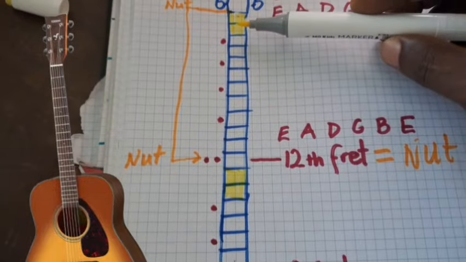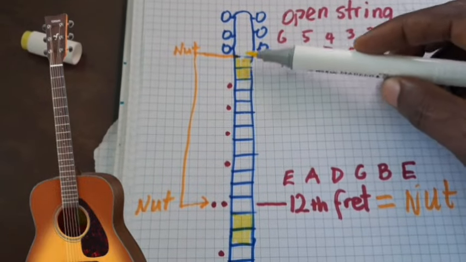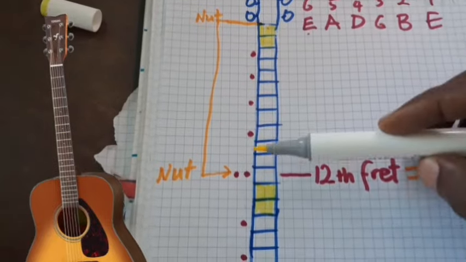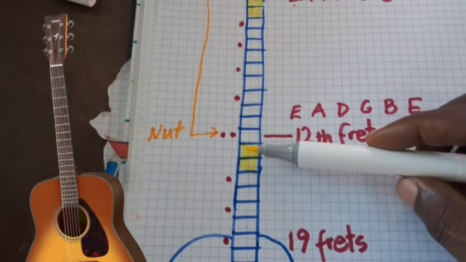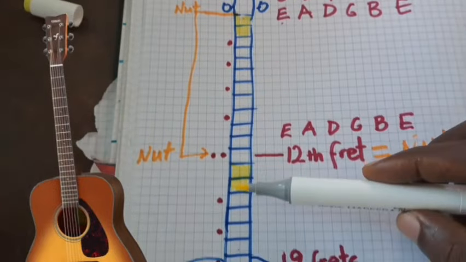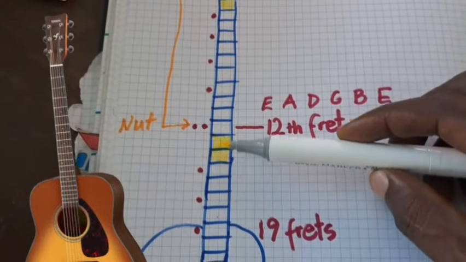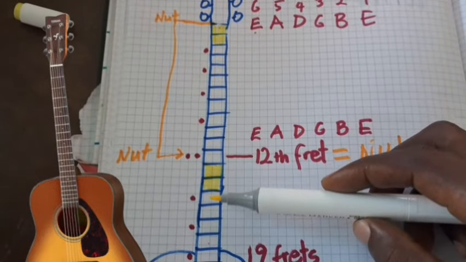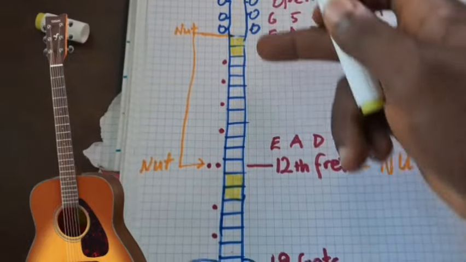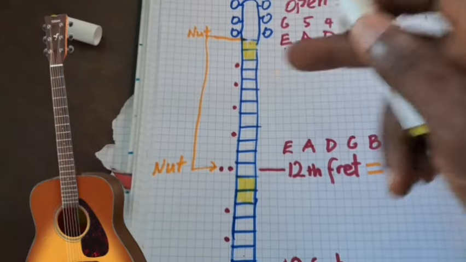So these are the 2 frets that introduce us to the first part of the guitar, and then these two frets introduce us to the second part of the same guitar. So that's why we have marked them. They are one and the same thing, and they function in the same way.